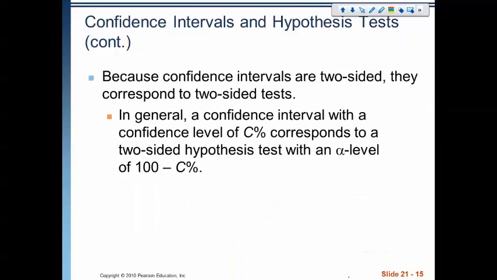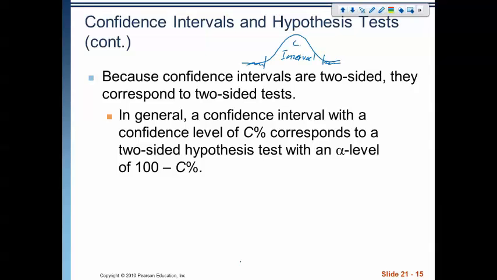Confidence intervals are always two-sided. So they correspond to a two-sided test. Remember, on our normal model, a two-sided test means we're measuring the p-values on both sides. This space in the middle, that's our confidence interval.